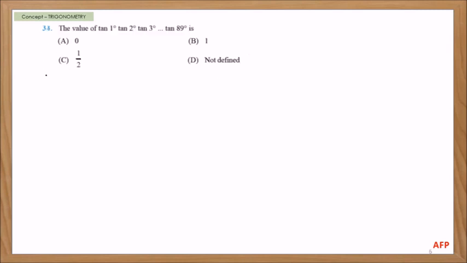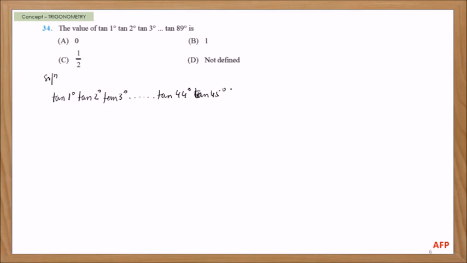Next, solution. It's a very simple and simplified formula we are having. So tan 1 degree, tan 2 degree, tan 3 degree, and so on up to tan 44 degree, tan 45 degree.